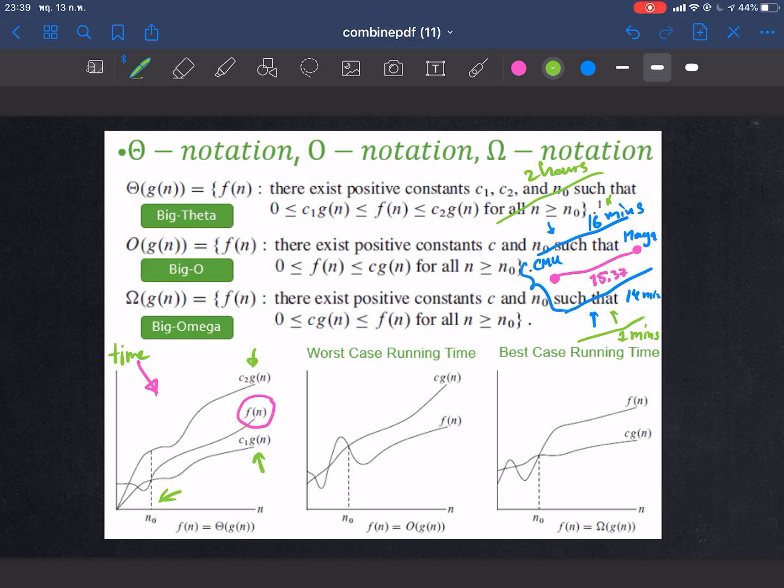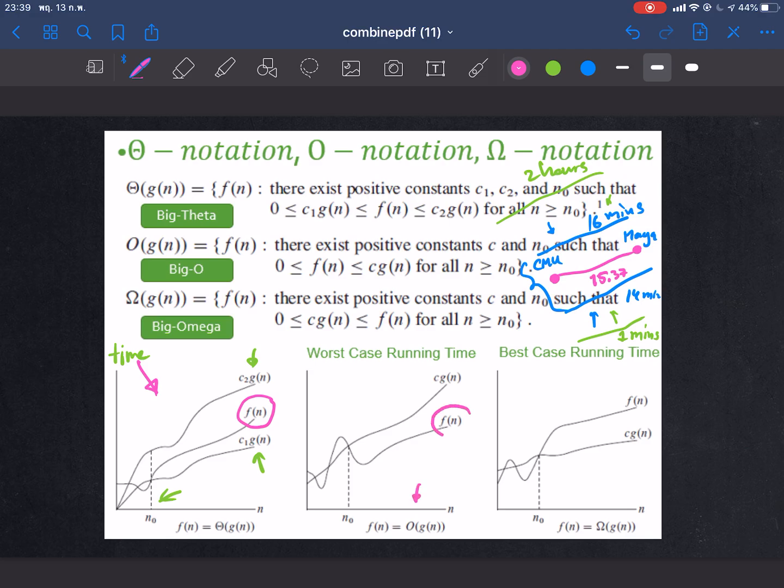Okay, and big theta will have both an upper bound and a lower bound. The upper bound is defined in terms of c2 g(n) and the lower bound in terms of c1 g(n). And the bound is true starting from input size n zero. And you see big O, right?